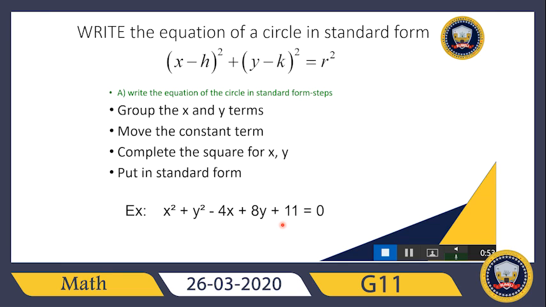So what we have to do is group these x and y terms and then move the constants to the other side. The most important step is to complete the square for x and y, so we transfer each one of these into parentheses squared, and the last step is to put these into standard form.